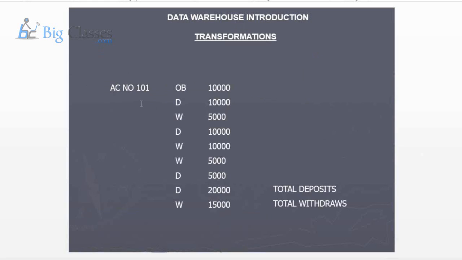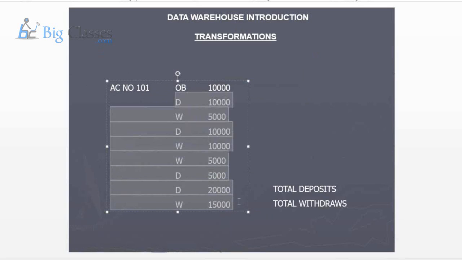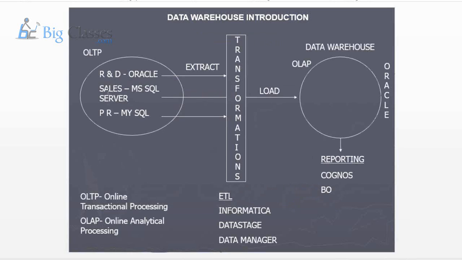This is the information I have here. Bring that into the staging. And what is the main purpose of a data warehouse? That is analysis, right? As a bank manager, for my analysis, I want to maintain total deposits and total withdrawals. This is enough for my analysis need.